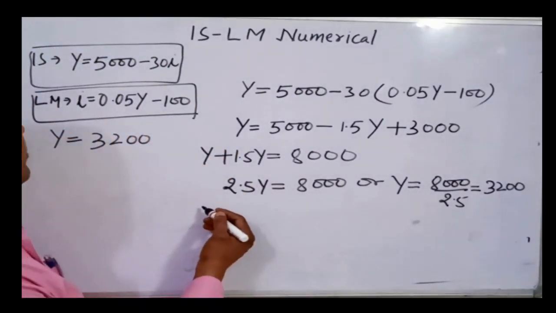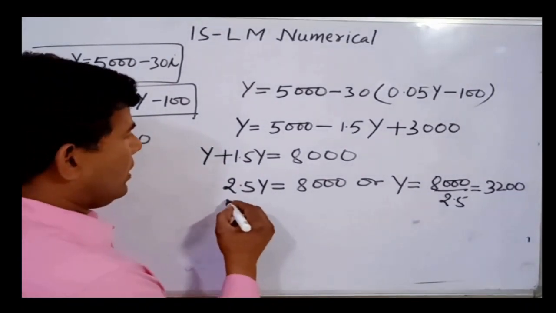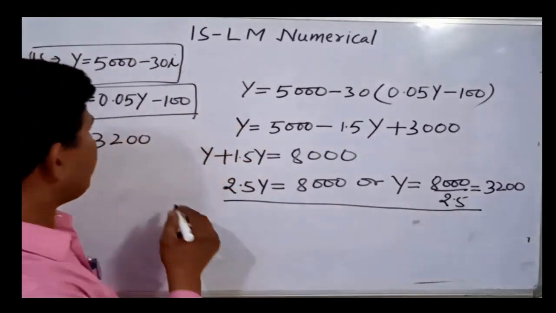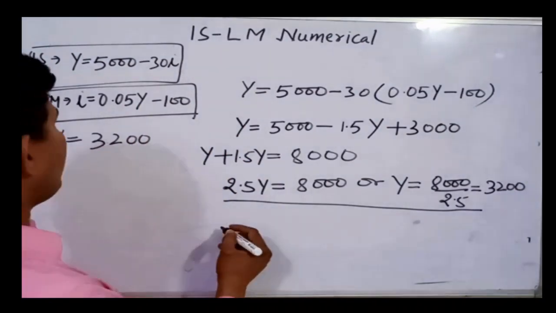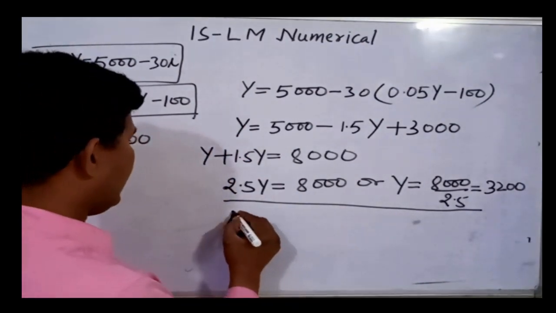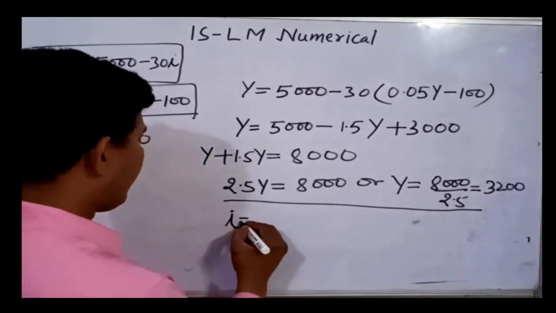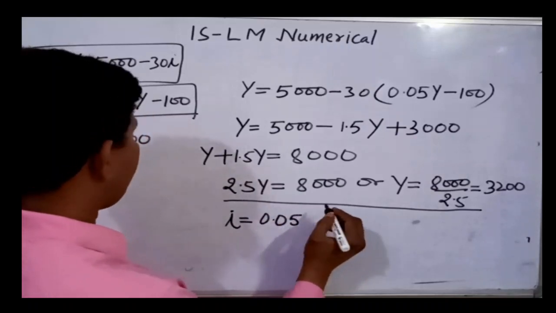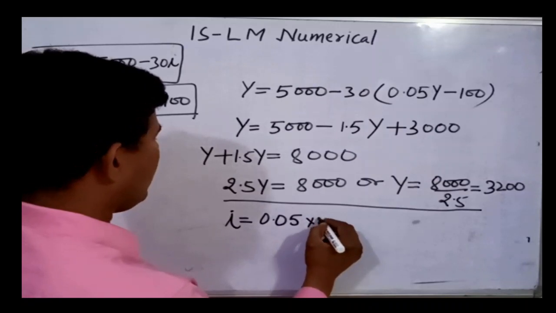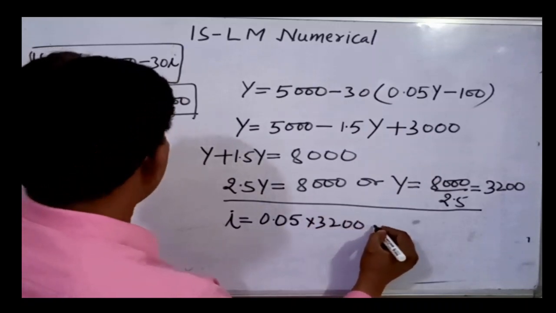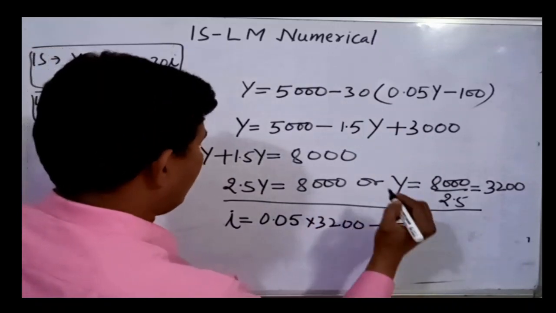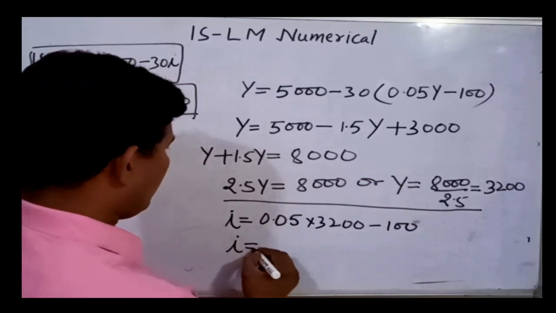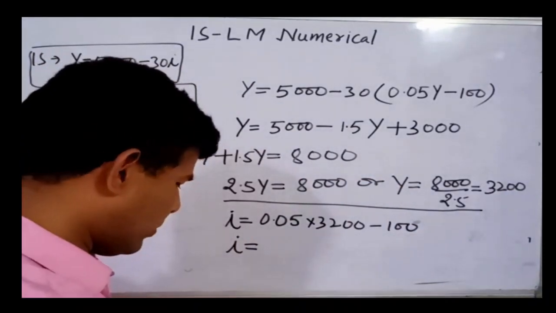When we substitute the value of Y into the LM equation, we get I is equal to 0.05 into 3,200 minus 100. So what is the multiplication that you get?